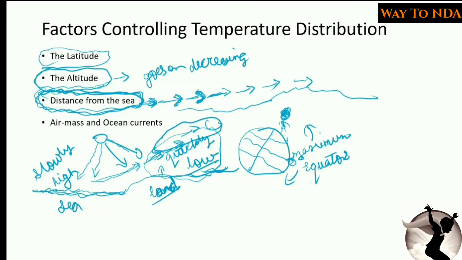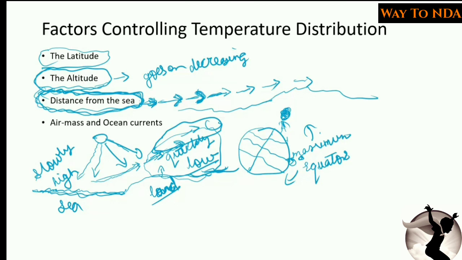But as you go to the north, for example, Delhi is far away from the sea, and there are no sea breezes to moderate the temperature. So the winters in Delhi are very harsh, and the summers in Delhi are also very harsh.